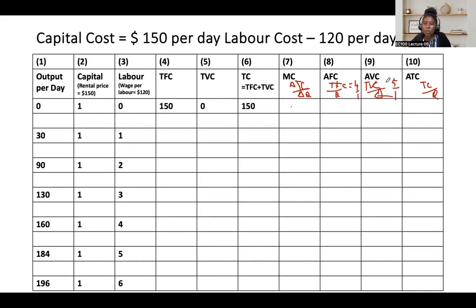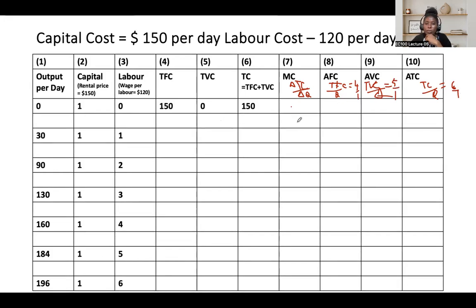And the last one, average total cost, is column 6 over 1. So I want you to go ahead and populate this and see how it would look for the entire thing.